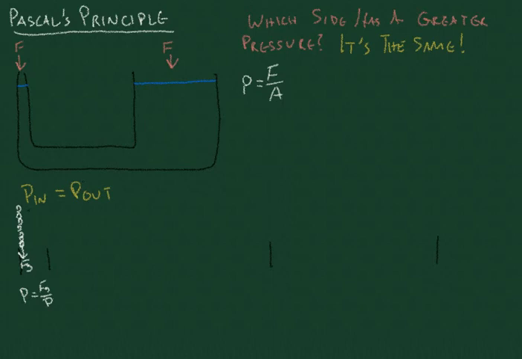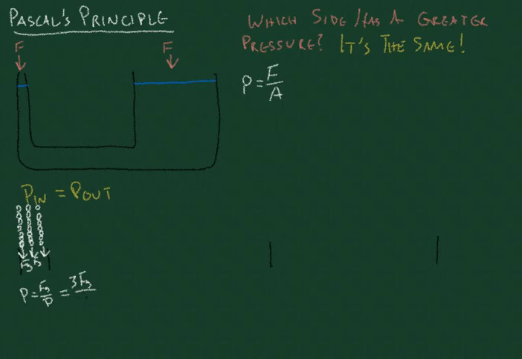Okay? Because now we think, what if we have another column of air right next to that? And another column of air right next to that. All I've done here is say the pressure is going to be 3 times Fg, because I have 3 times the mass, because I have 3 columns.